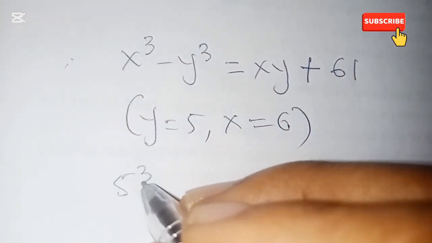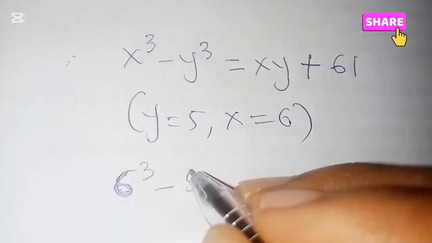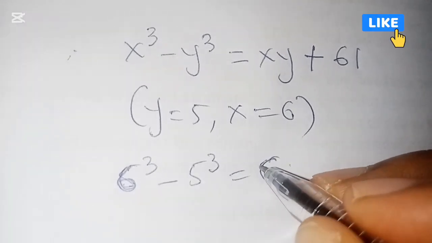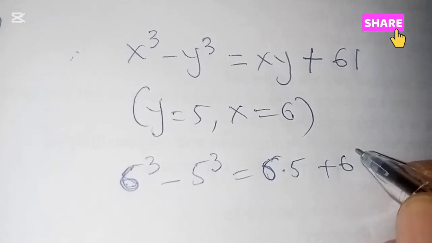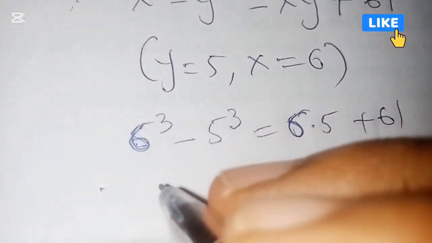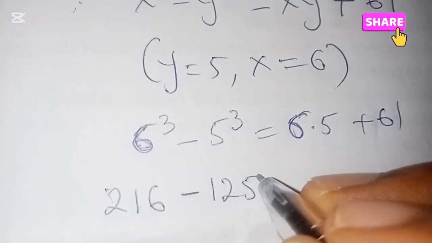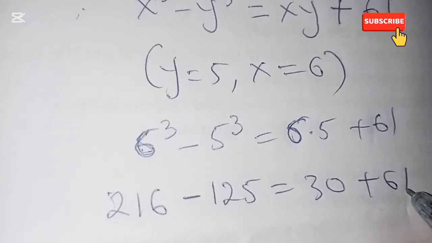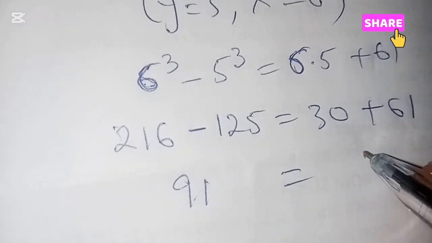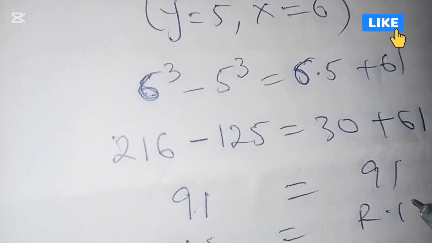So we have 6 cubed minus 5 cubed equals 6 times 5 plus 61. This gives us 216 minus 125, 30 plus 61. When we subtract this, we have 91. When we add this, we have 91. So the left hand side is equal to the right hand side.